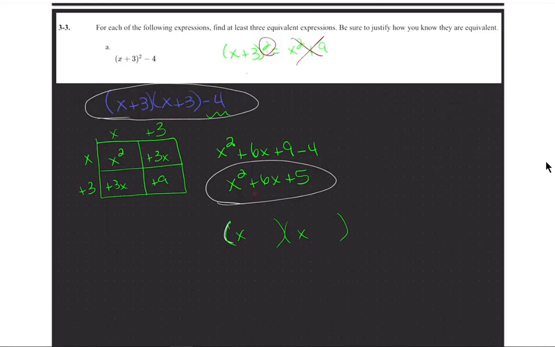This is telling me it's got to be a positive positive. So I got to multiply to get 5, and when I add them together I get 6. So I'm going to go with a positive 2 and a positive 3. So there's another way of representing all of this information.